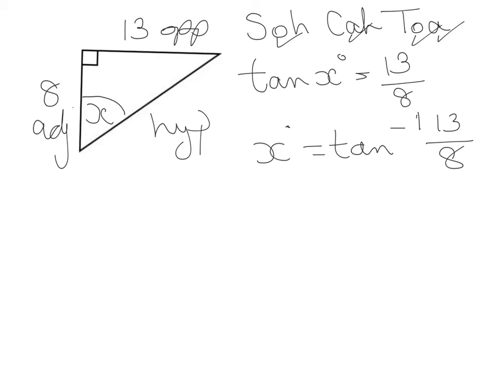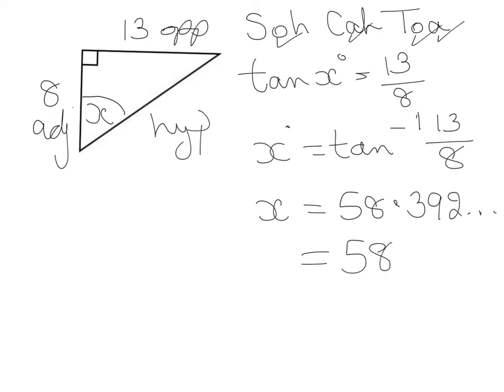So on the calculator, Shift tan 13 over 8. So our angle is 58.392. Again, do it to about 3 decimal places, dot dot dot, then round to 1 decimal place. So rounding it gives us 58.4 degrees.